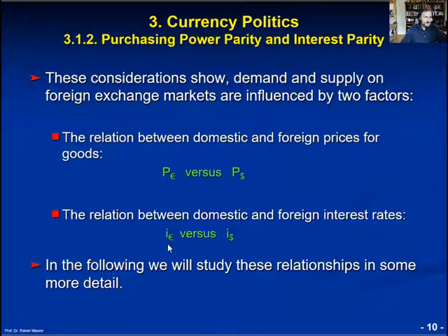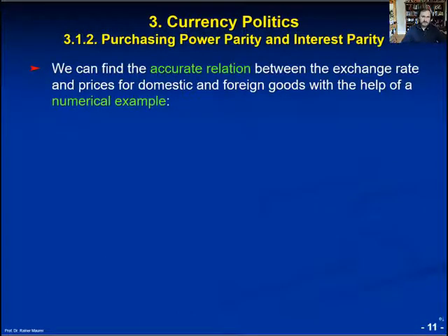Domestic interest rates compared to the interest rates in foreign currency areas. In the following, we will study these relationships in more detail. Let's start with the relation between the exchange rate and the prices for domestic and foreign goods.